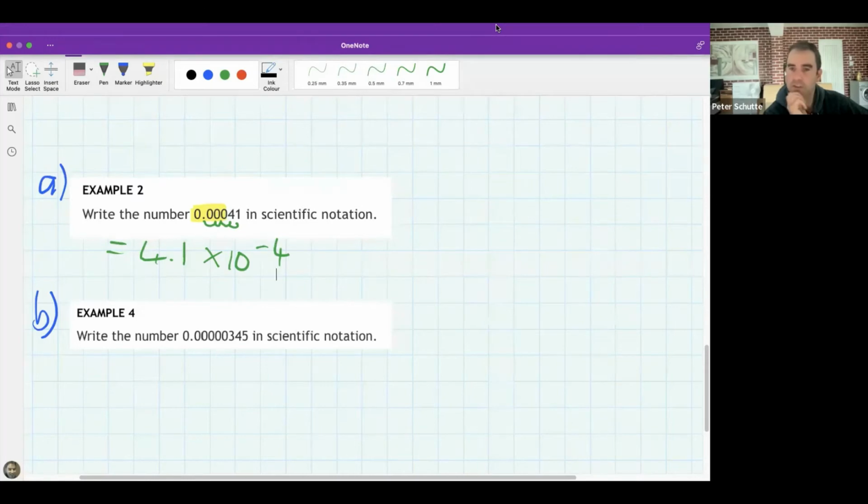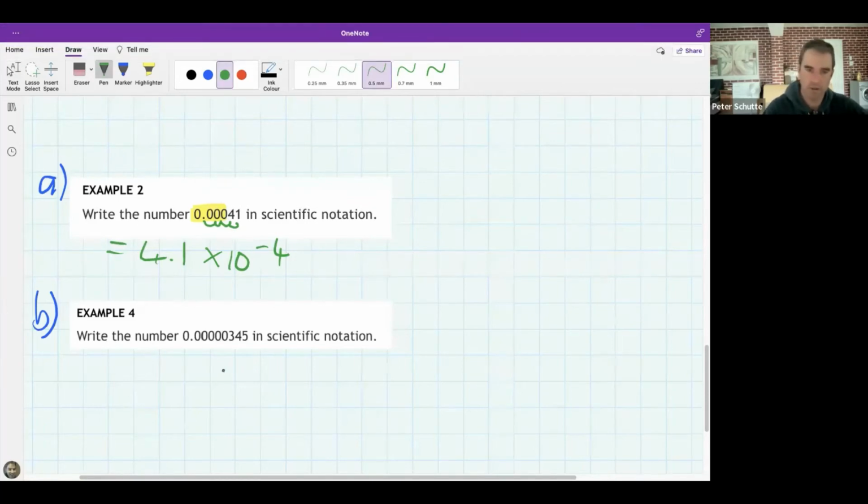I see Laseri's got an answer coming through. You guys are doing well. Tando, yeah. So again, 1, 2, 3, 4, 5, 6. And because it is a very small number, again, I have to emphasize this, whenever there's a small number, there's going to be a negative power.